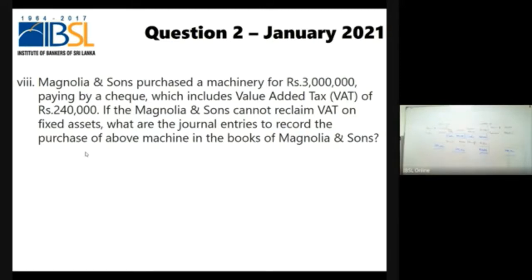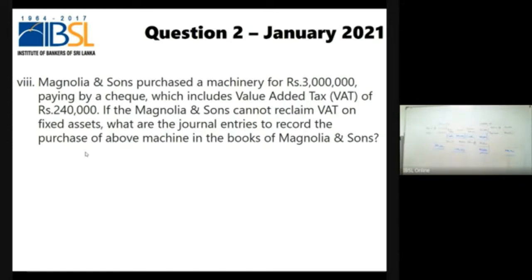Then they say, if Magnolia and Sons cannot reclaim VAT on fixed assets, what are the journal entries to record the purchase of the above machine? Generally, you can claim a certain portion of your VAT for tax purposes. Here they say you can't claim this VAT. So if you are unable to claim this VAT, that is part of your cost.